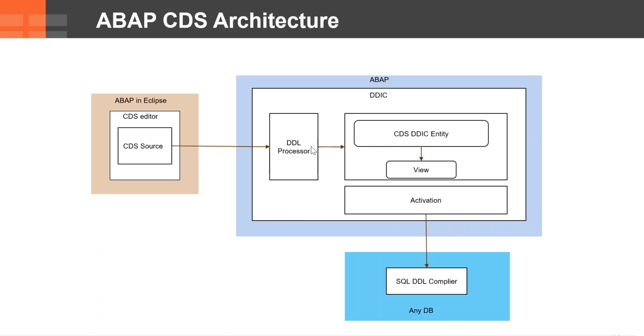As soon as you activate it, it will form a CDS view entity. On activation, one CDS entity will be deployed into the DB layer, and the SQL view will be deployed in the ABAP layer. So two things happen at a time when you activate a CDS view.